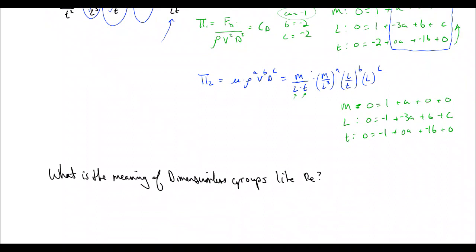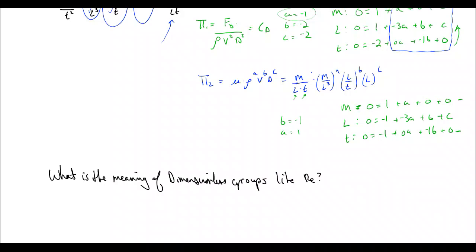All right, so we can solve this fairly easily, right? We find out that b is equal to negative 1. B is equal to negative 1 from this equation. From this equation, we see that a is equal to negative 1. And if we plug everything in, we get that c is also equal to negative 1.